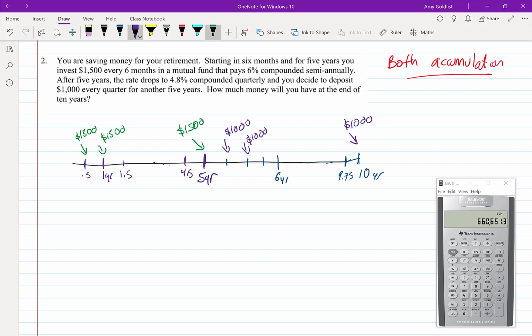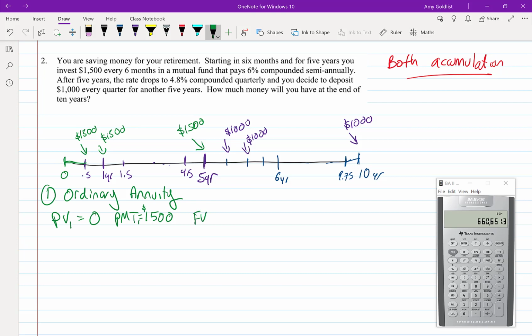Let's look at our 2 annuities. 1, this is still an annuity, but because it starts 6 months from now, it's an ordinary annuity. Okay, we start with no money. We put in $1,500 every 6 months, and at the end, we have something. Let's look at the second one.